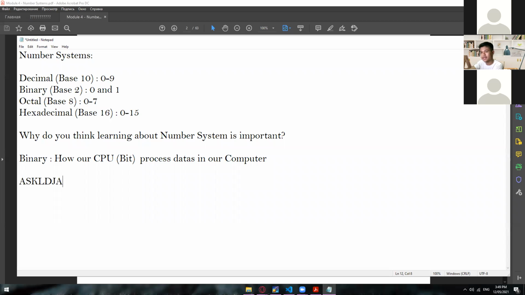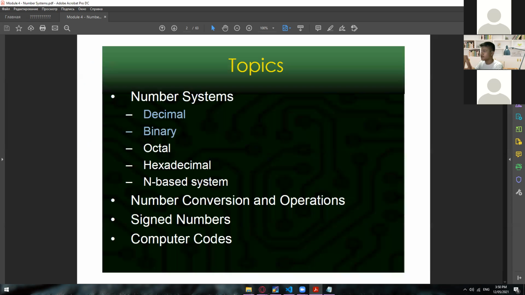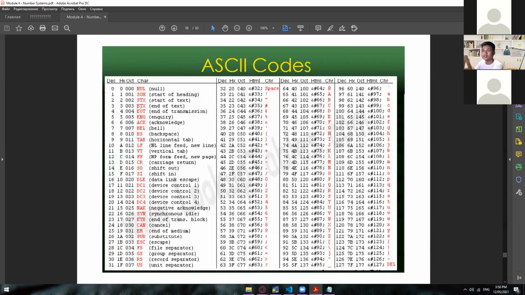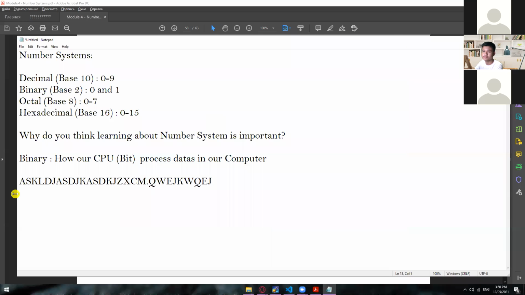So for example, as I'm pressing anything on my keyboard right now, as you guys may know, our computer doesn't read letter A as letter A. It reads that as a combination of binary. If you take a look at our ASCII code right here, capital letter A, take note, capital letter A is different from small letter a, has a decimal value of 65.